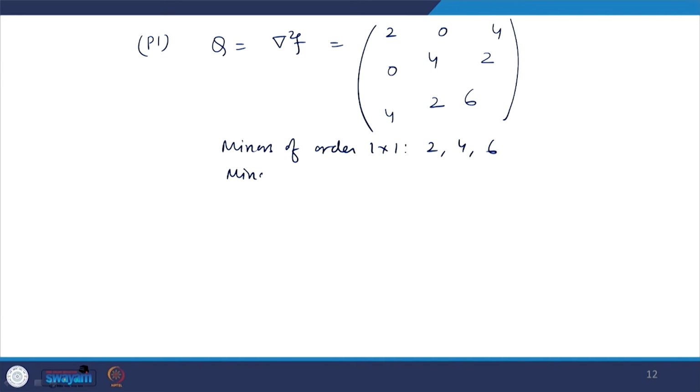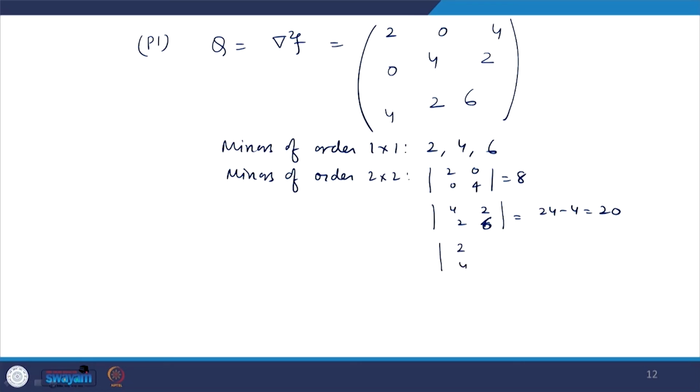Minors of order 2 cross 2 are the determinant of 2, 0, 0, 4, which is 8; the determinant of 4, 2, 2, 6, which is 24 minus 4, which is 20, positive again; and 2, 4, 4, 6, which is 12 minus 16. This row and this column will be deleted, 12 minus 16, which is negative.